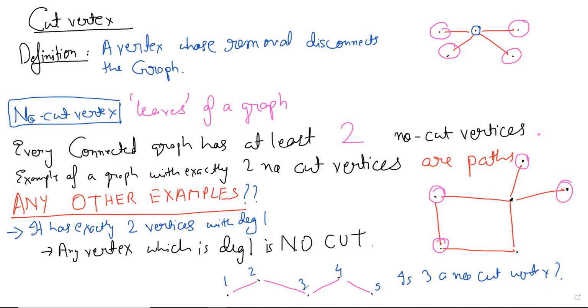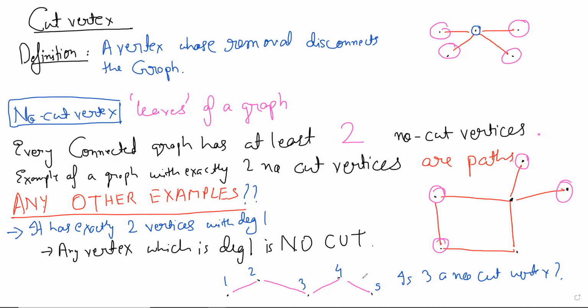No, if you remove it, it's just disconnected. When we say something is a no cut or not, we're saying if we only remove that, then what happens? Don't think of removing 3, 4, and 5, because that actually changes the graph.